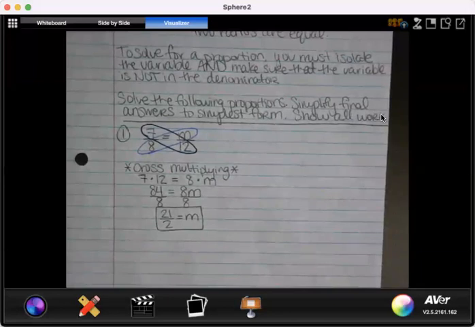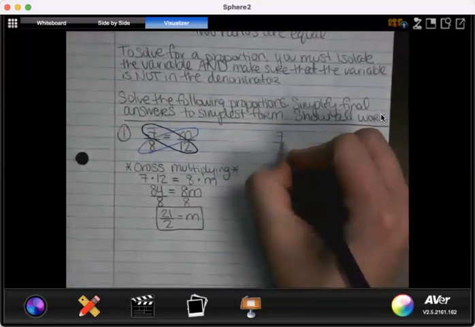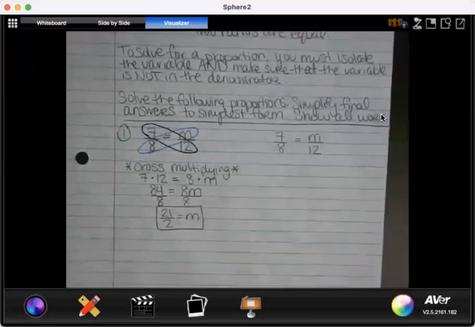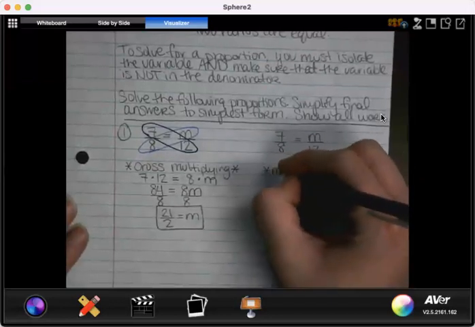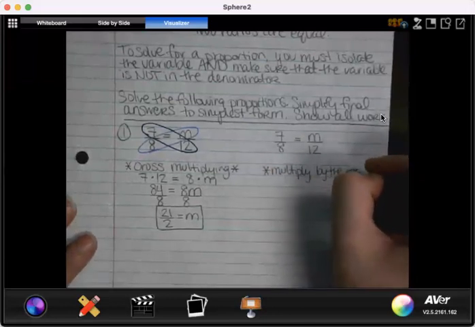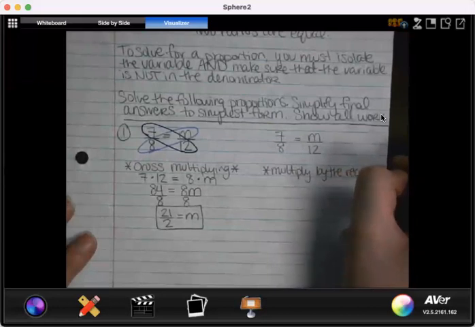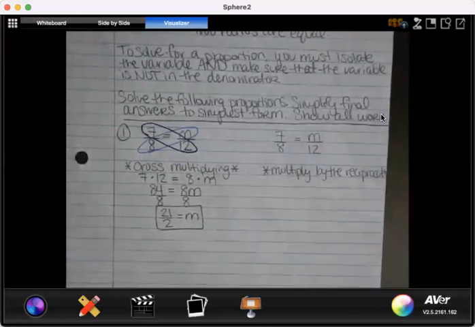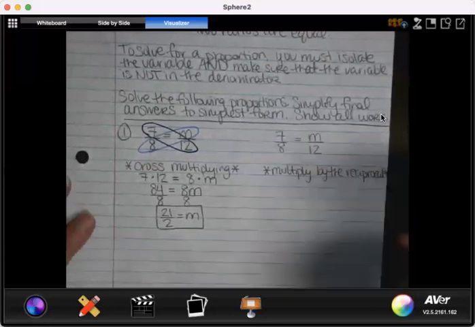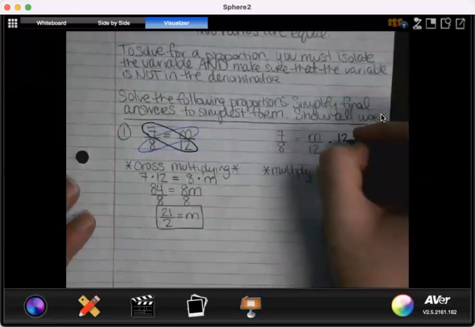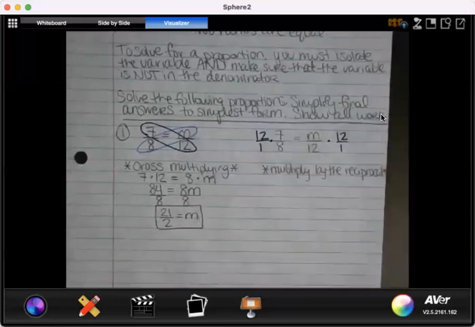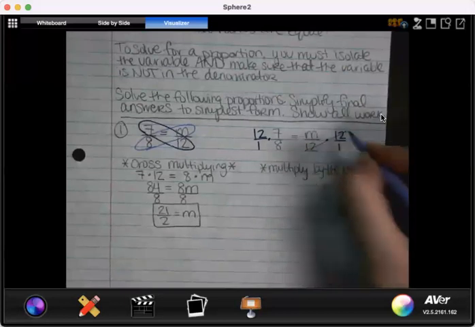And I'm going to show you why this one works the way it does. Typically what we used to do, or what we could also still do, is multiply by the reciprocal. When we multiply by the reciprocal, we're trying to remove the denominator of the variable. So multiplying by 12 divided by 1 on both sides would allow that 12 to cancel out from the denominator.